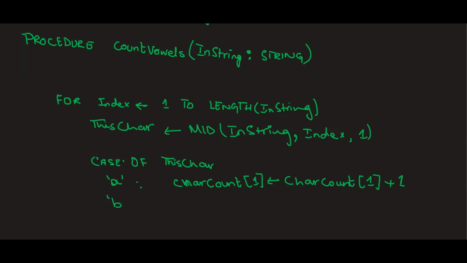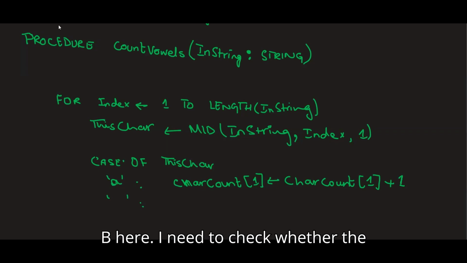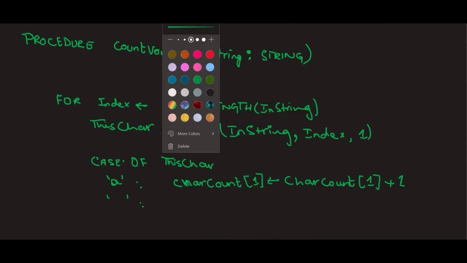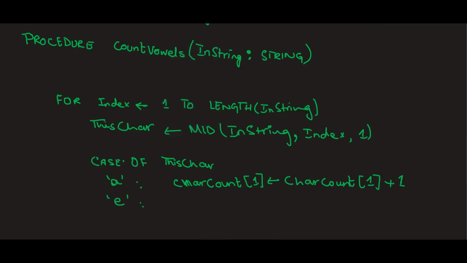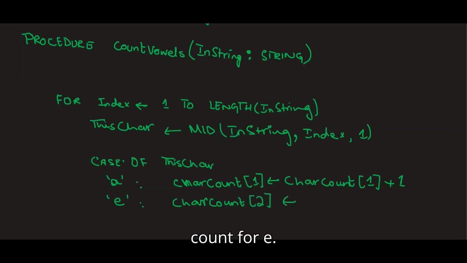Then we need to check if the character is E. Sorry, I just wrote B here. I need to check whether the character is E or not. Char count. On the second index, I will keep the count for E.